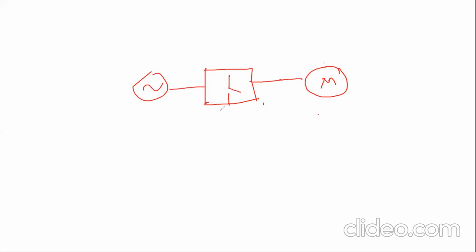This is the basic one line diagram of an electric drive. The motor current, we have to protect the motor against overcurrent. Overcurrent may happen in two cases, at starting or also during overloading.